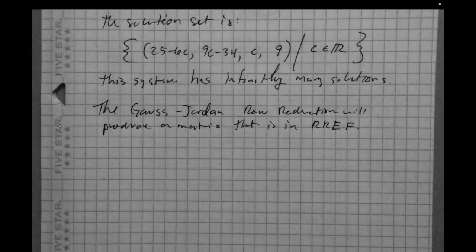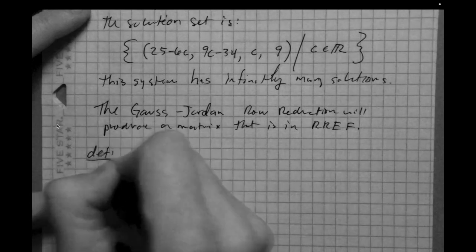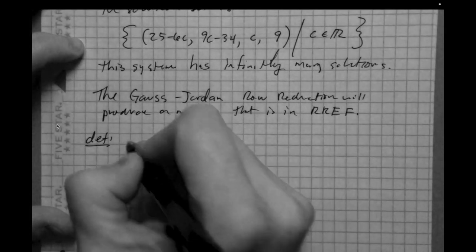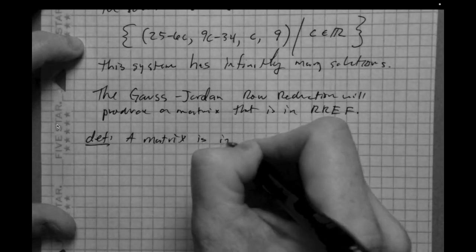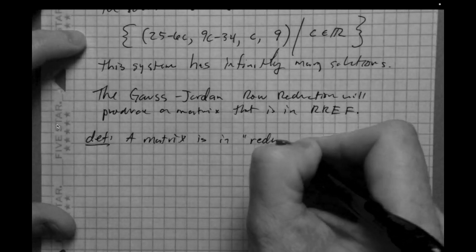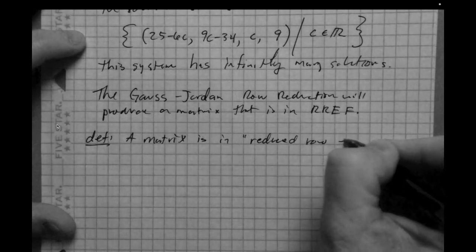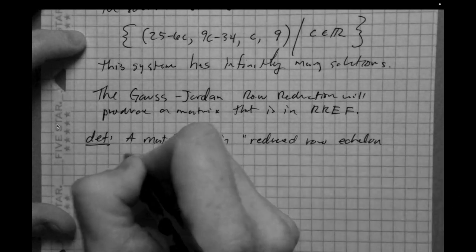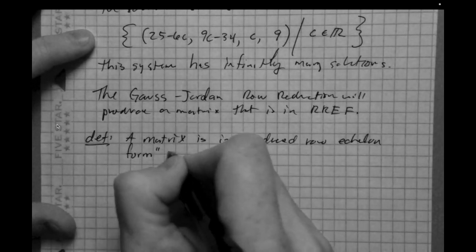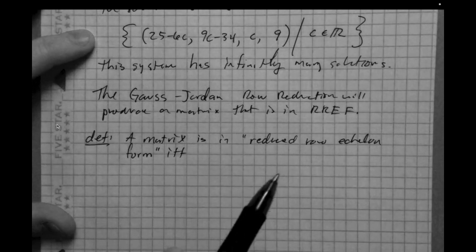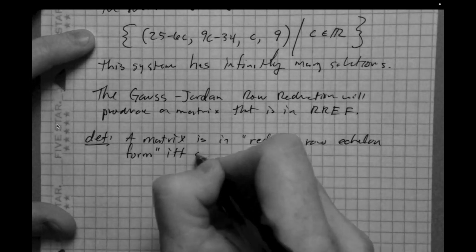But let's talk through the characteristics of a matrix in reduced row echelon form. So let's define it. A matrix is in reduced row echelon form if and only if all of the following conditions hold.